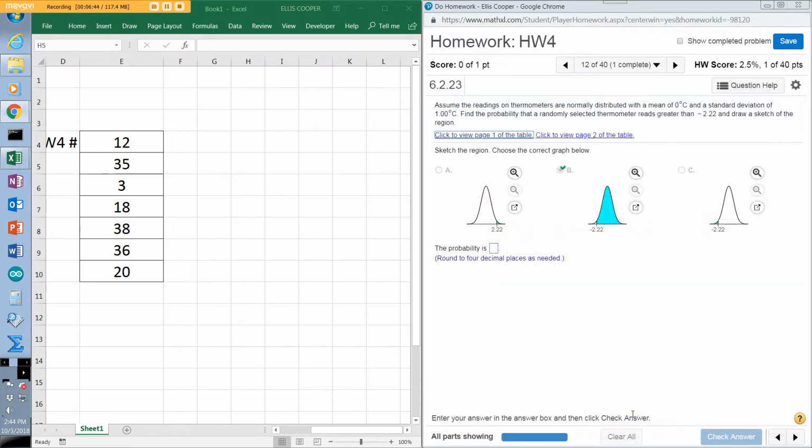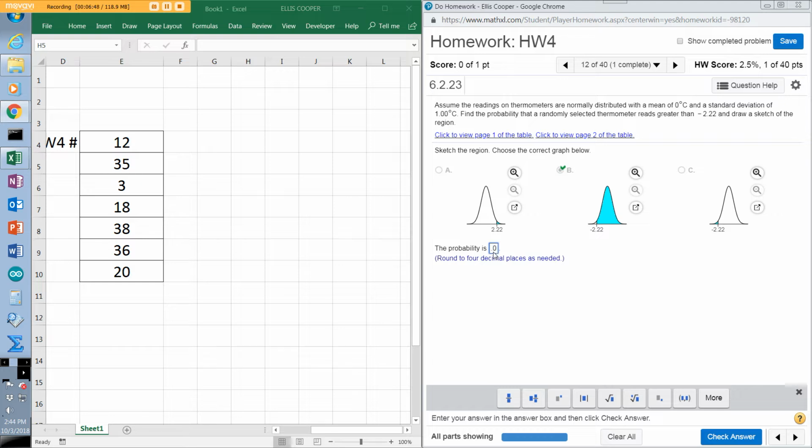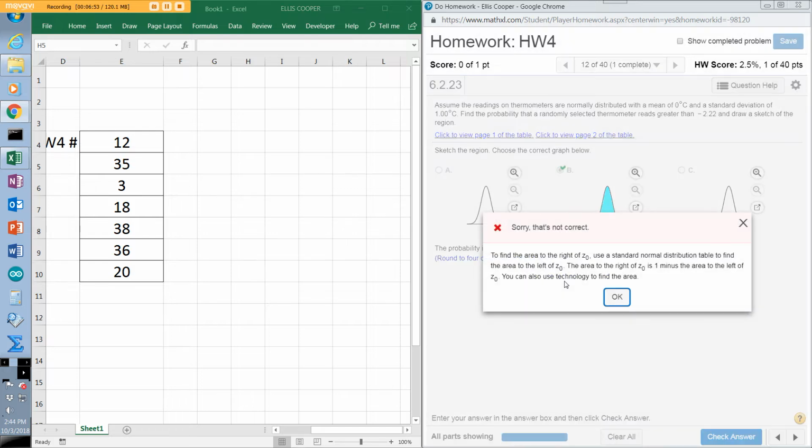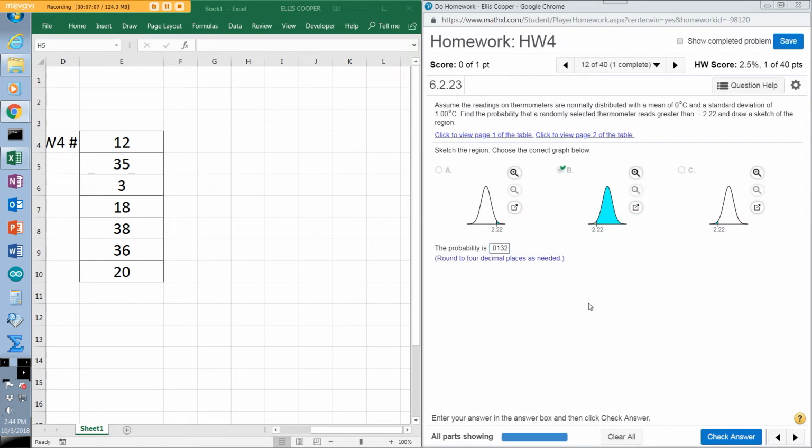Let's say we're done. Now let's just see if that comes out. So 0.0132. Oops, get a 2 in there. Let's see if that comes out right. Oh, you know, very funny, very funny.